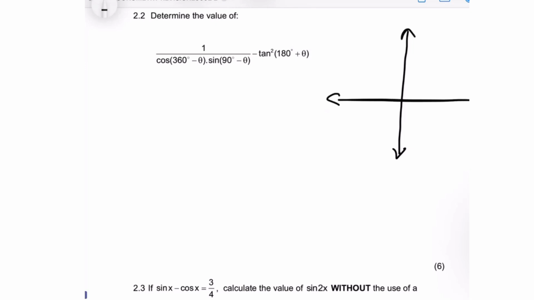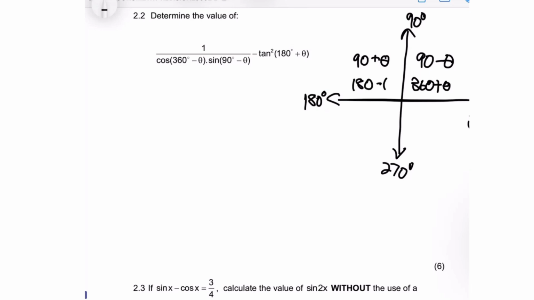That is going to help me with my reduction formulas. So this is going to be 90 minus theta, 360 plus theta also. This is 90 plus theta, 180 minus theta, 180 plus theta, 360 minus theta, right?